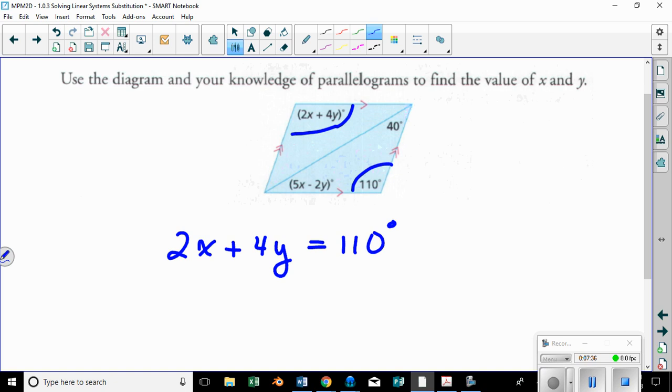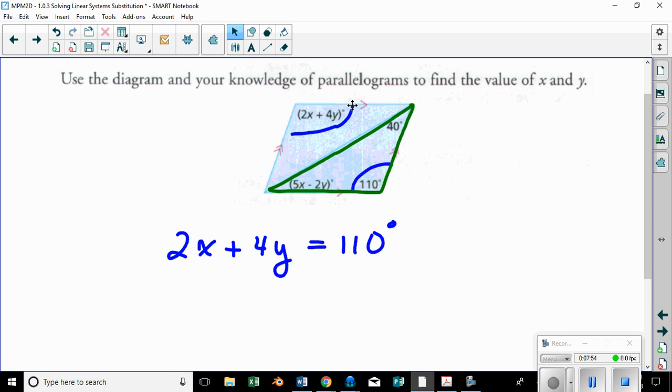And then we also have a couple of other scenarios here that we can use. We know that within one triangle, all of the angles add up to 180 degrees. So if we look at this triangle right here for the second statement that they gave us, the 5x minus 2y, we can say that the 5x minus 2y is equal to 180 minus 110 and 40.